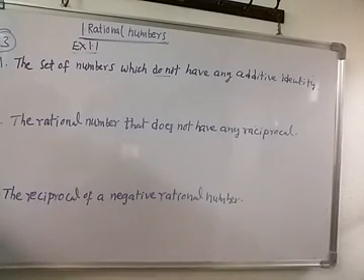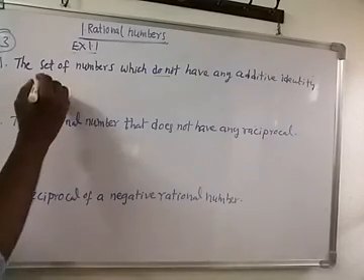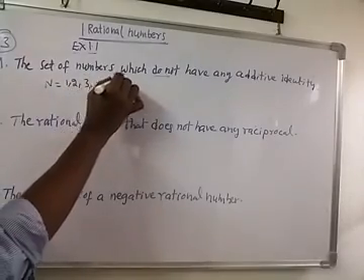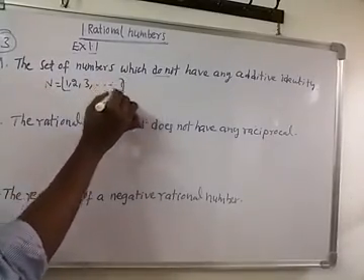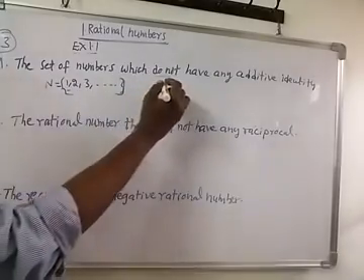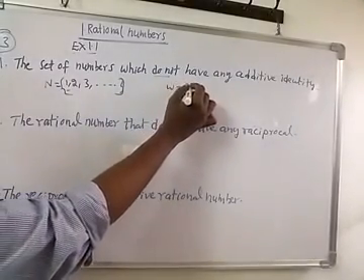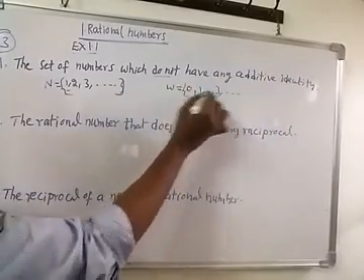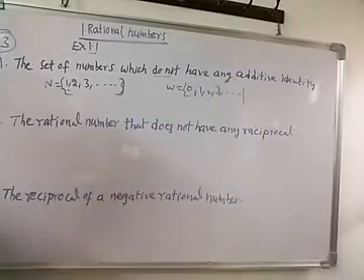They are the natural numbers, integers, whole numbers or rational numbers. Natural numbers N is equal to 1, 2, 3 and so on. Whole numbers W is equal to 0, 1, 2, 3 and so on. Integers are 0, plus or minus 1, plus or minus 2, plus or minus 3.